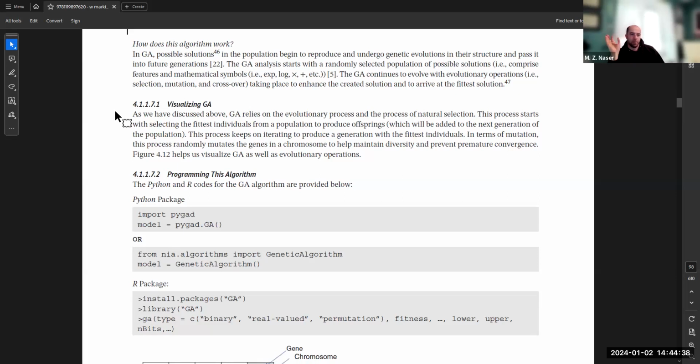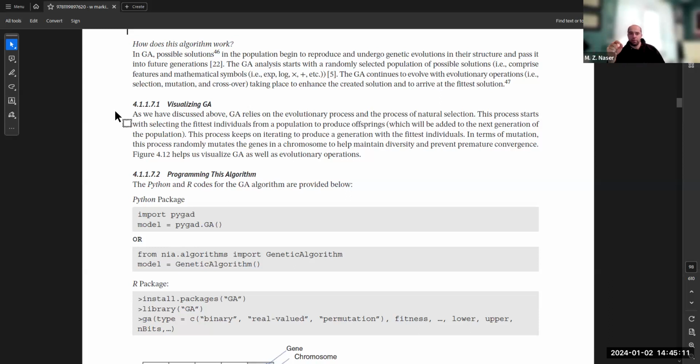Imagine that you have a space, and the space has functions like sine, cosine, addition, multiplication, logs. You're searching that space to identify a function or a mathematical expression that can fit the data. When you think about linear regression or any form of regression, the function itself is given: beta 1 x1 plus beta 2 x2. This is given to you, so what you're looking for are values for these slopes.